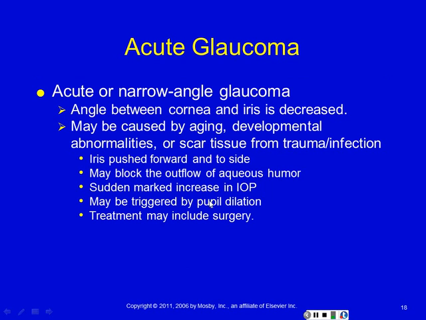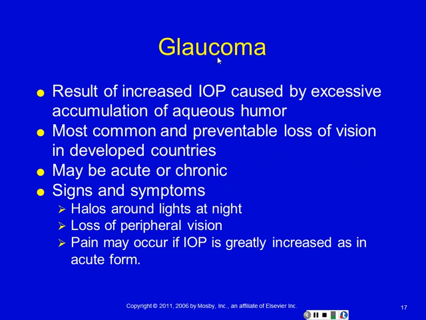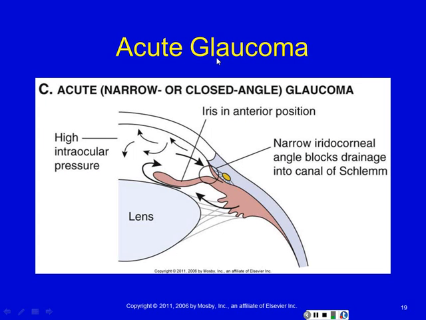So in some cases, you go to the eye doctor, and for the first time you have your pupils dilated. That can actually trigger your first attack of closed-angle glaucoma. Because as your iris dilates, it gets thicker right here as the muscle relaxes and gets pulled open, and that thickening can actually block that narrow angle, or that closed angle.